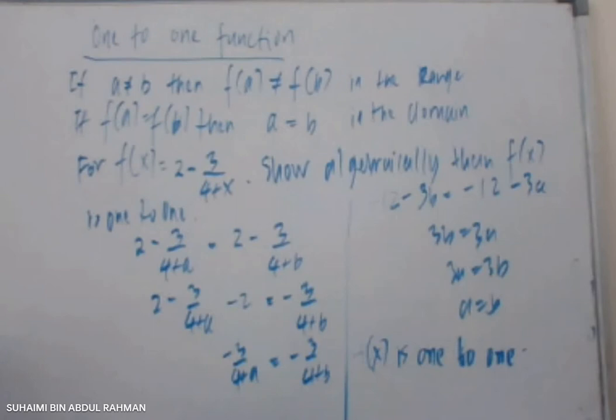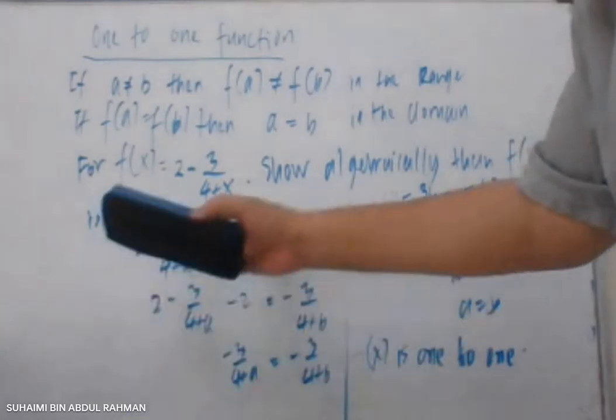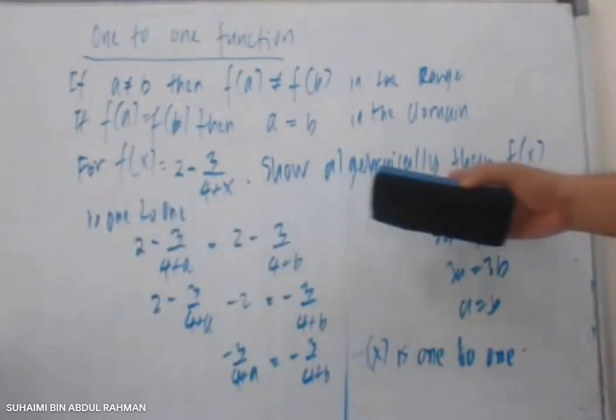This is the way we prove the function is one-to-one or not. The method we use here is the algebraic method.